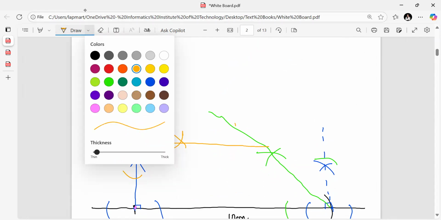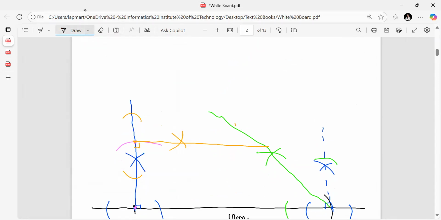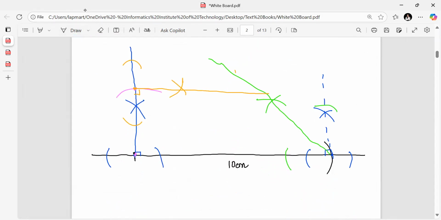Now if I mark the final version, you can see, right, like this, from here to here, you have this, and then from here to here, and the down one, and then I have something like this. What are the features I have? 90 degree here, 90 degree here, 45 degree here, 5 centimeter here, and 10 centimeter, right?